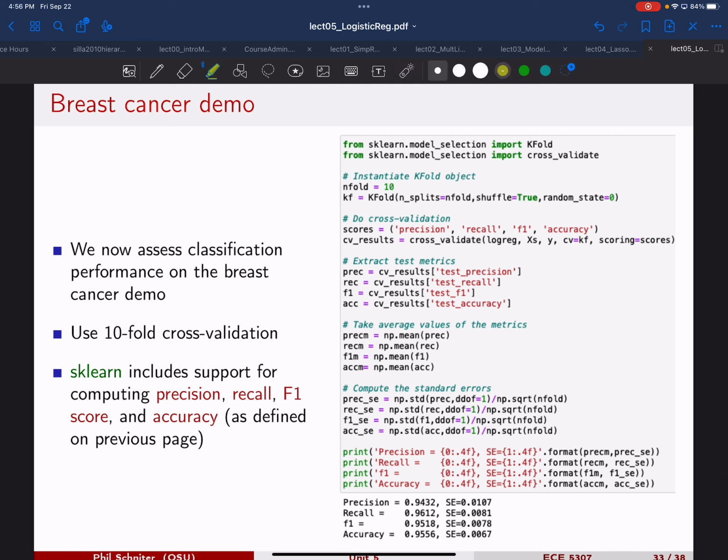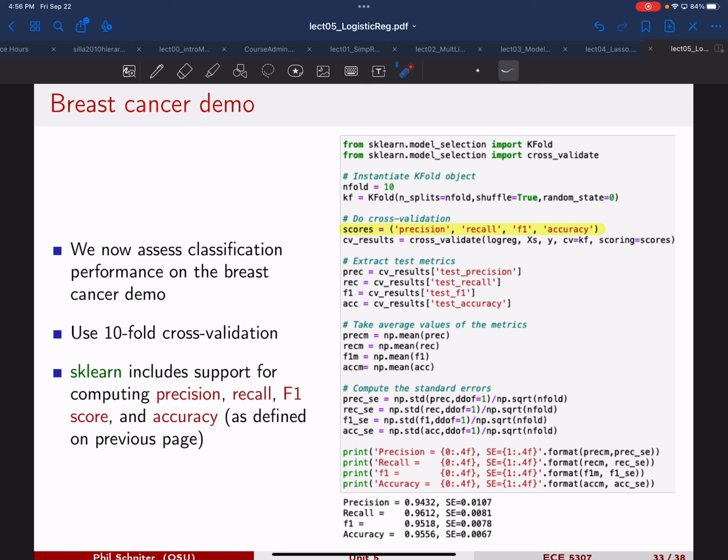So when you do your cross-validation and you give it a score, typically in the past we'd give it like negative mean squared error, or R squared. Now you can give it any one of these, precision, recall, F1, or accuracy, or you can actually give it a set of scores, all 4 of them, and it will do the cross-validation and measure all those different performances.